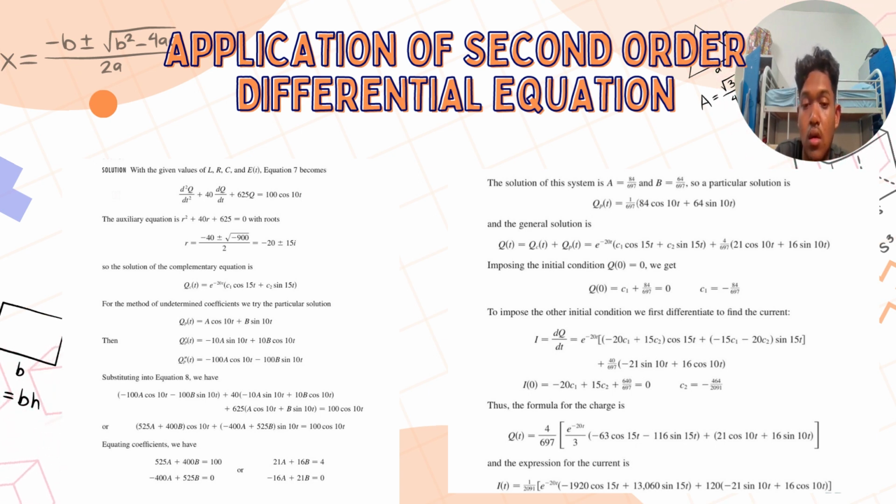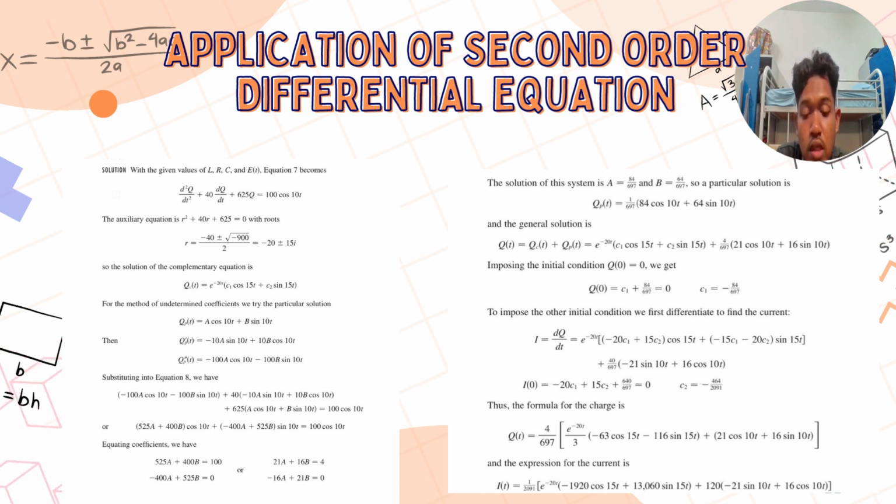The auxiliary equation is r² + 40r + 625 = 0 with roots r equals negative 40 plus or minus the square root of negative 900, over 2, equals negative 20 plus or minus 15i.